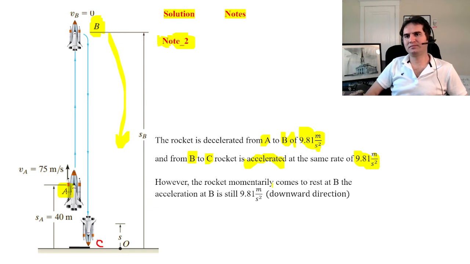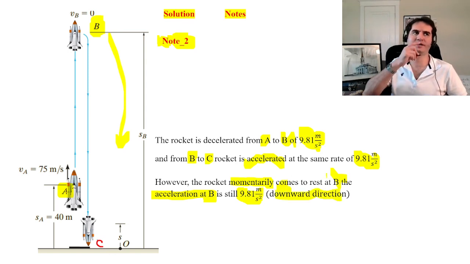However, the rocket at the moment it comes to rest at B, the velocity is 0, while the acceleration is still 9.81 meters per second squared in a downward direction, and that leads to a higher velocity at C.